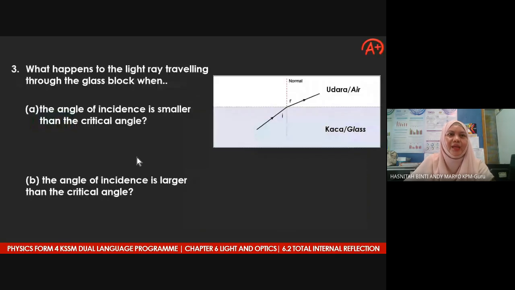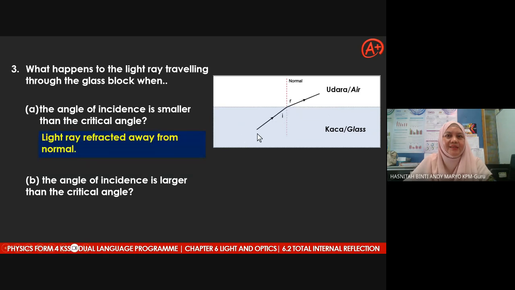Now we look at this GIF, another example. When i increases, r also increases until a maximum of 90 degrees. If you look at the GIF, when r is 90 degrees, i is also called C. i equals C, where C is the critical angle.